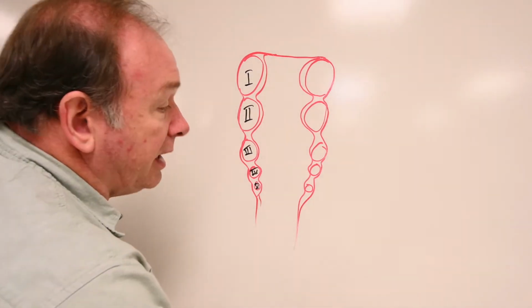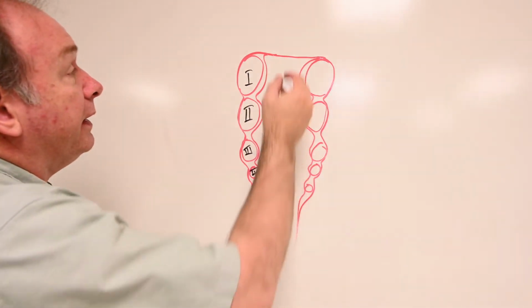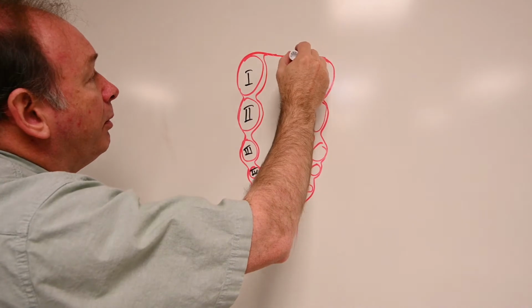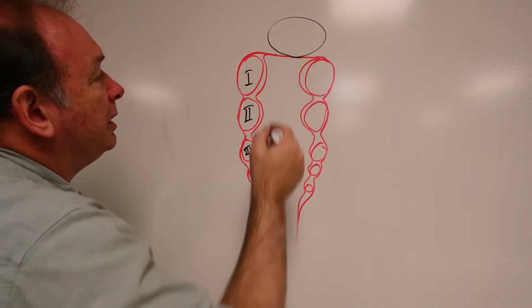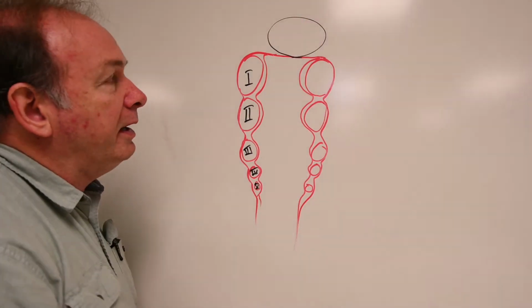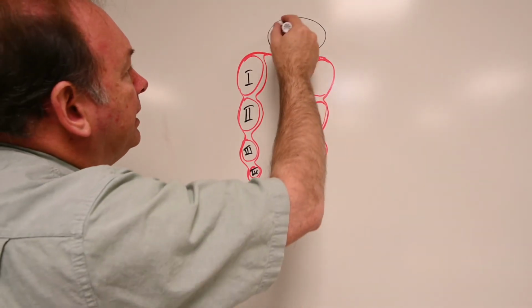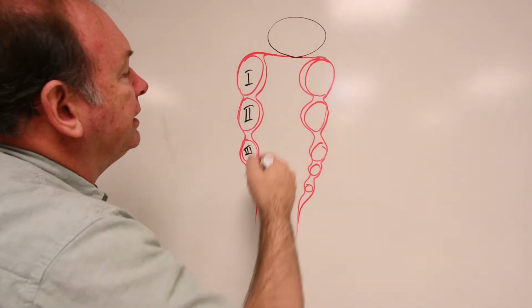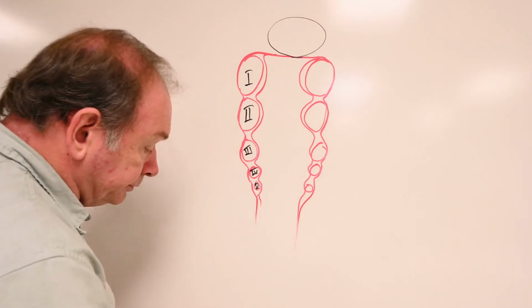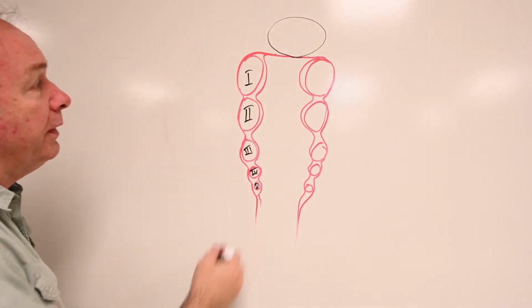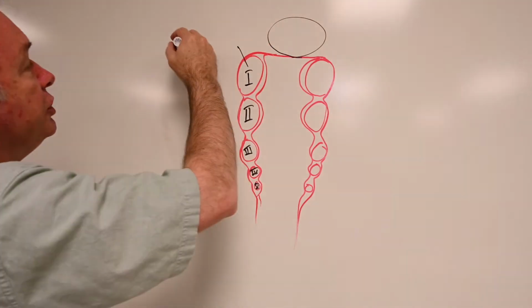In this picture, the way I have it drawn, that oropharyngeal membrane and eventual opening between the oral cavity and the pharynx would be like here. That would be the opening into the pharynx from the front. So this is, like I said, pharyngeal arch 1.